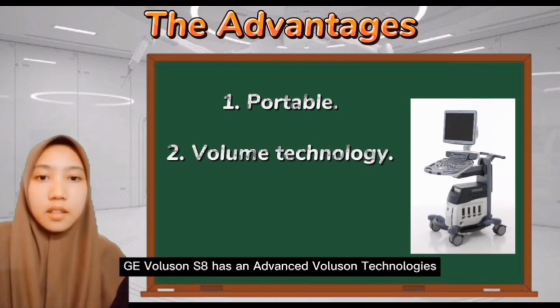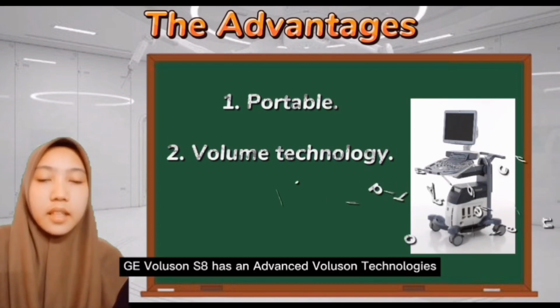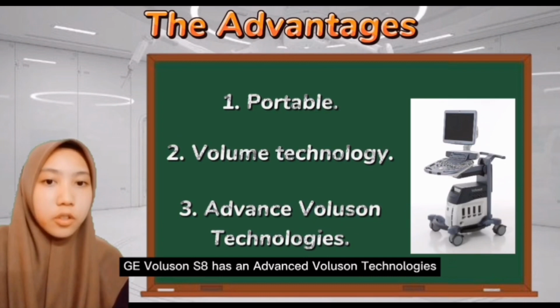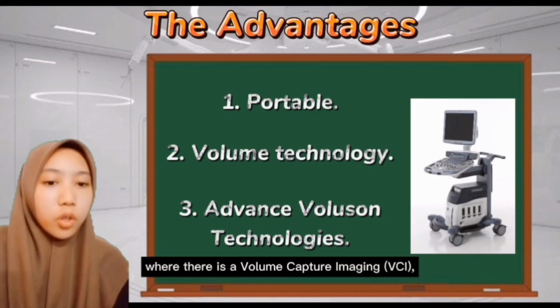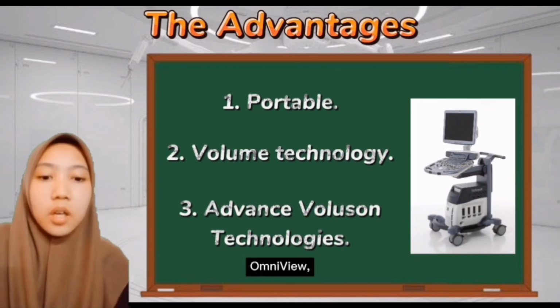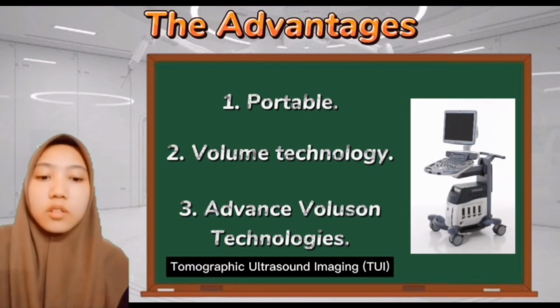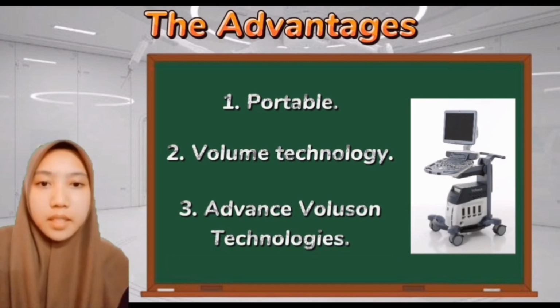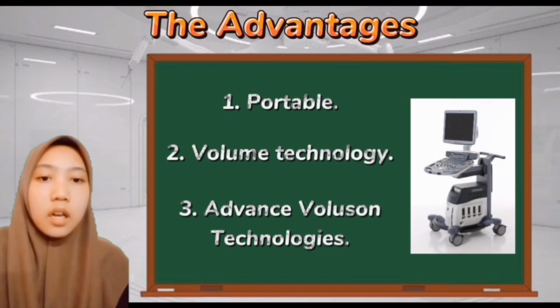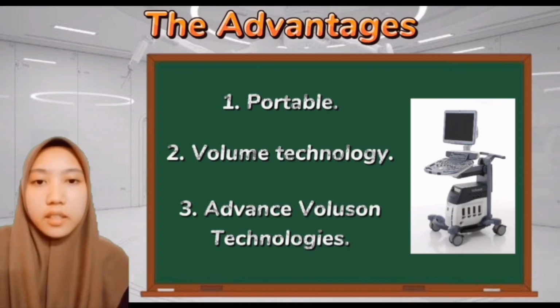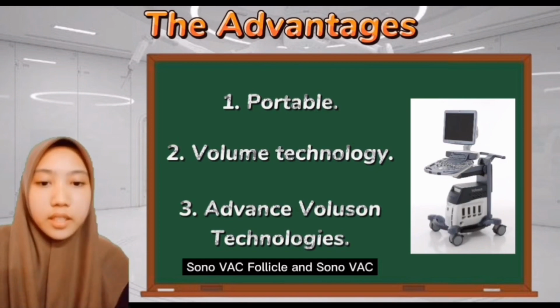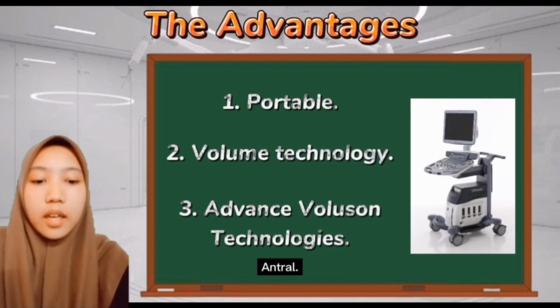Lastly, the GE VOLUSON S8 has advanced VOLUSON technologies: volume capture imaging VCI, OmniView, HD Live technology and HD Flow, tomographic ultrasound imaging TUI, and lastly, SonoVCAD heart, SonoVAC follicle, and SonoVAC entry.